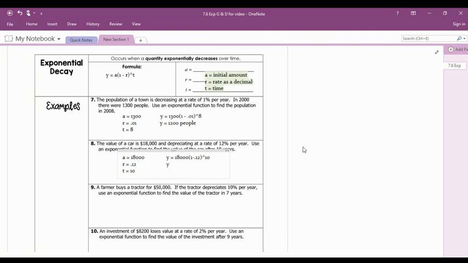So the new value after 10 years, if it lasts that long, depending on the kind of car you get, the value after 10 years is only going to be $5,013.02. And that's what happens. I like these exponential growth and decay word problems because they are a glimpse of reality and they help you understand how money works.